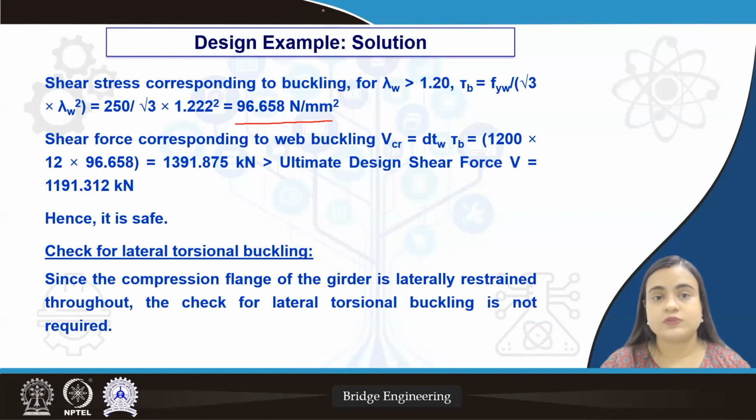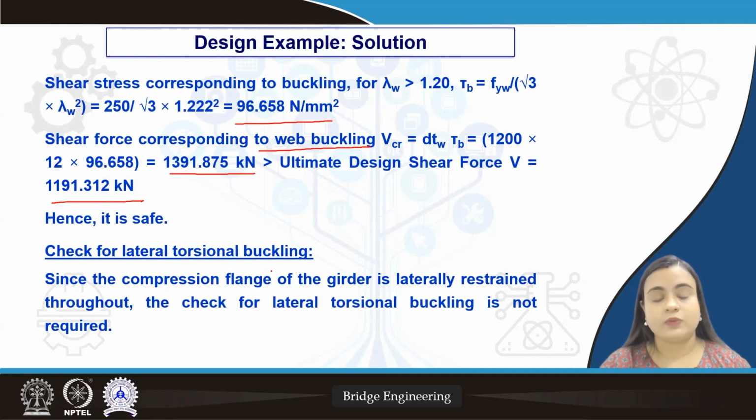So the shear force corresponding to web buckling Vcr will be d times tw times tau b, that is equal to 1391.875 kilonewton, which is greater than the ultimate design shear force V, that is equal to 1191.312 kilonewton. So this section is safe.